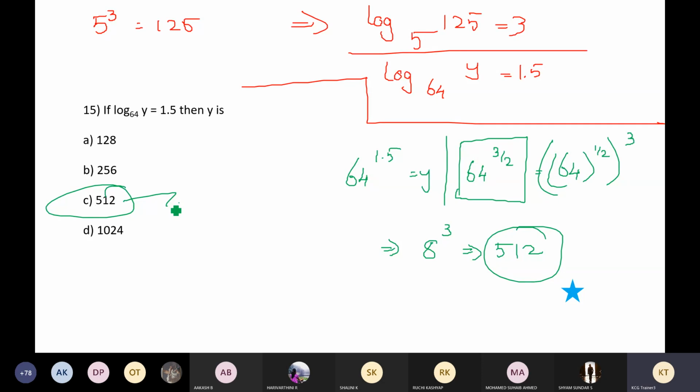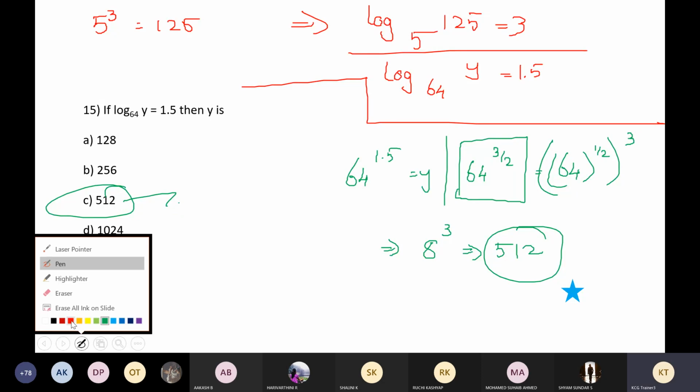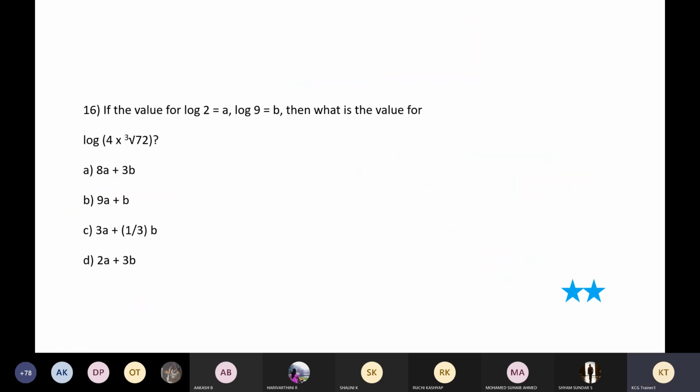Please tell me if you guys are clear. Excellent then. Okay, guys. We'll move on to the next question now. Here's our next question.